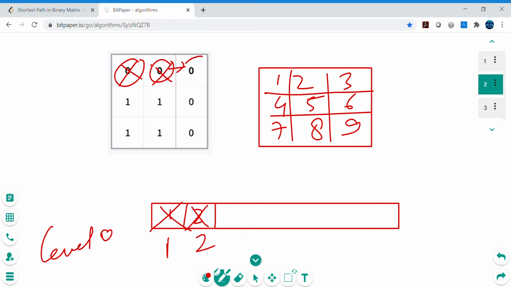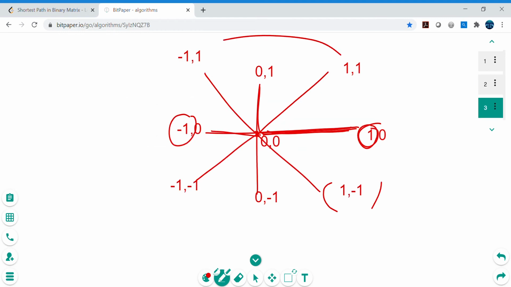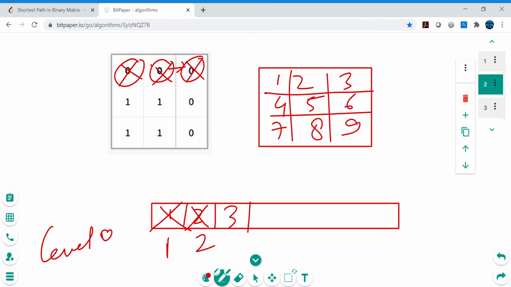So now we came to here and that location is 3, so we will insert 3 to the queue and mark this as visited. Now there is another eligible node here, because remember we can move diagonally as well. We not only need to move in 4 directions, we need to move diagonally as well. So it will go diagonal, and that location is 6, and that is also 0, so we will insert that also into the queue.